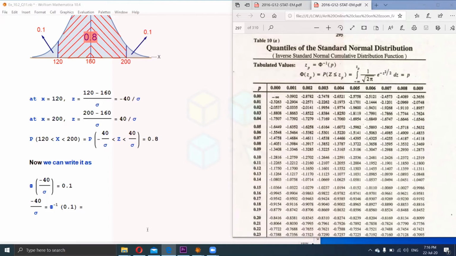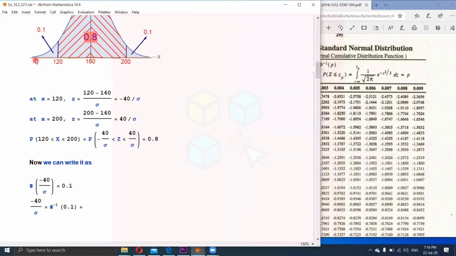So using these two values, we can write our probability first in terms of x, which is probability x lies between 120 and 200, and convert it into the z probability, minus 40 by sigma to z up to 40 by sigma. From the figure you can understand this probability is 0.8.